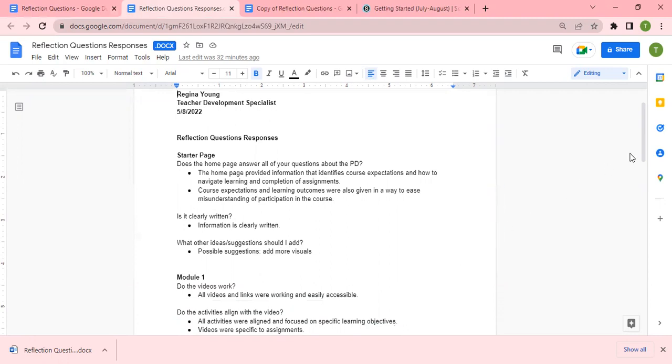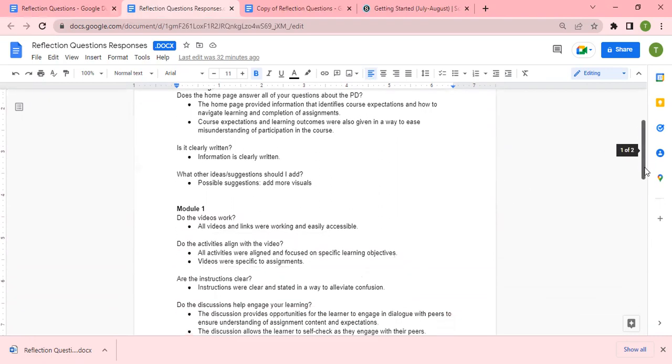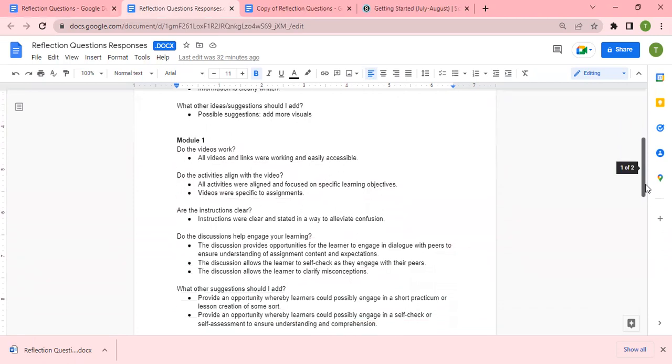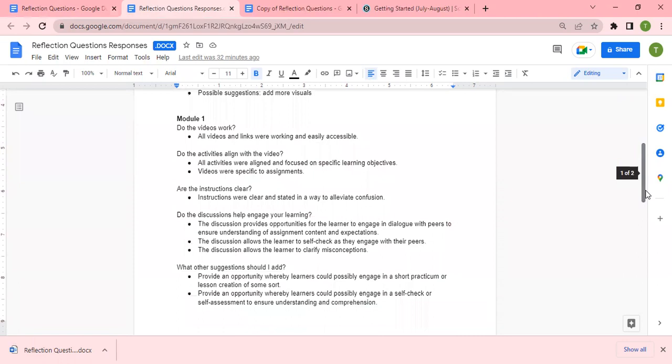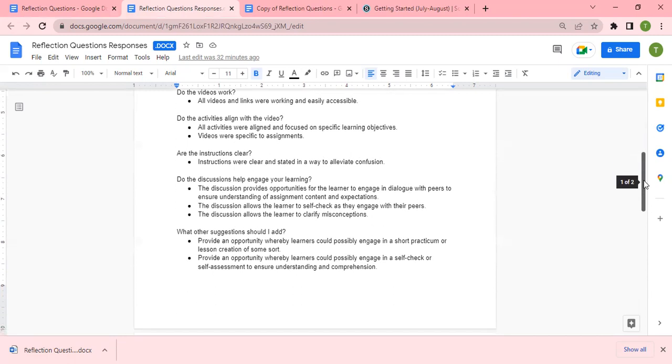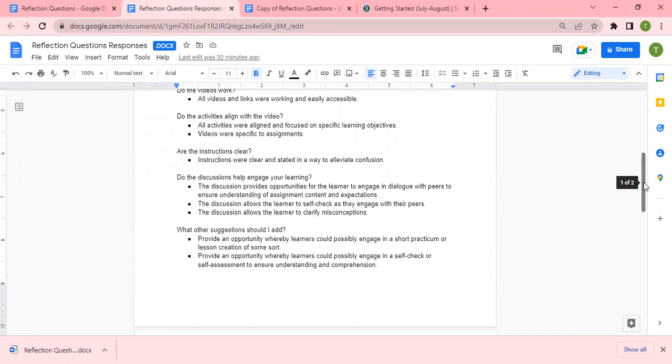As far as modules 1 and 2, she mentioned that all the videos were working very well and that the activities and the videos were all aligned to the specific learning objectives. Instructions were clear, and she assured me that the discussions did help engage the learner in dialogue with the peers in the classroom.